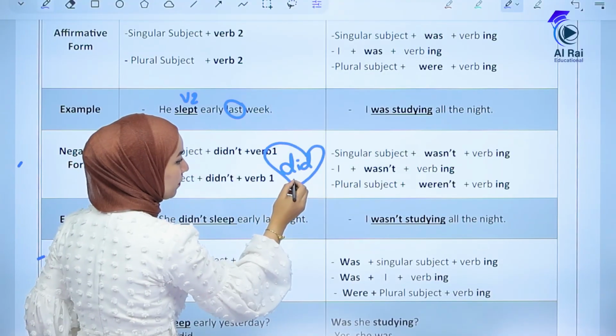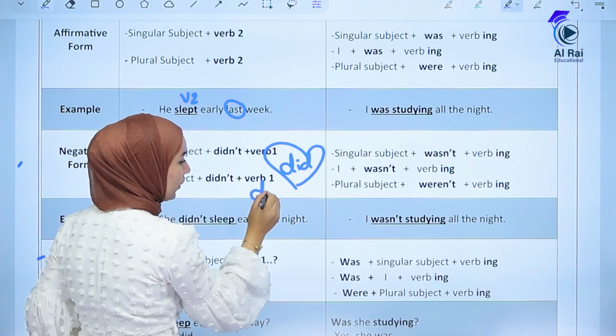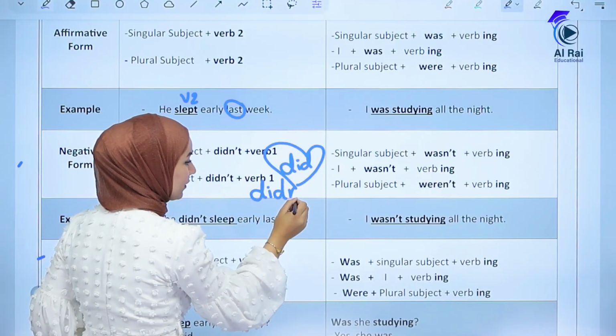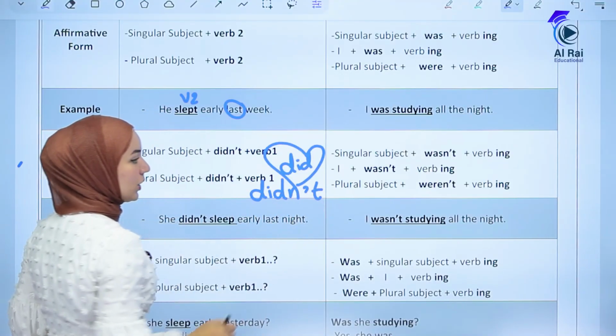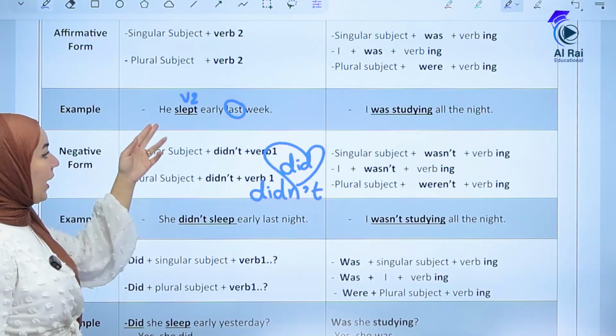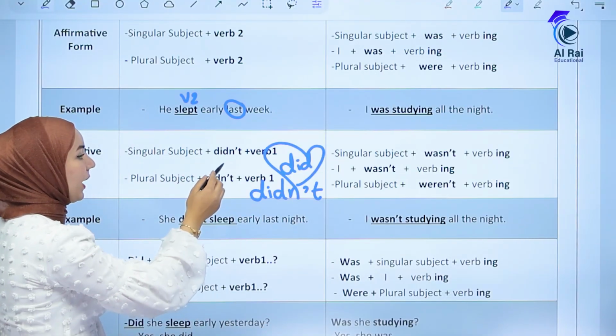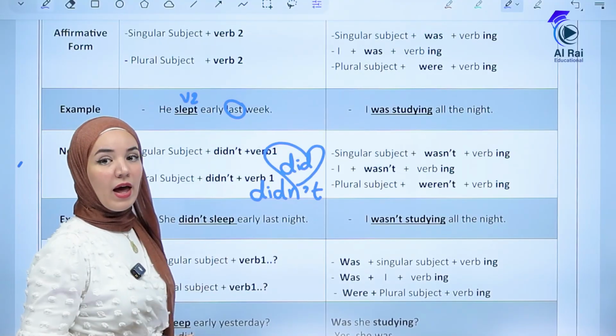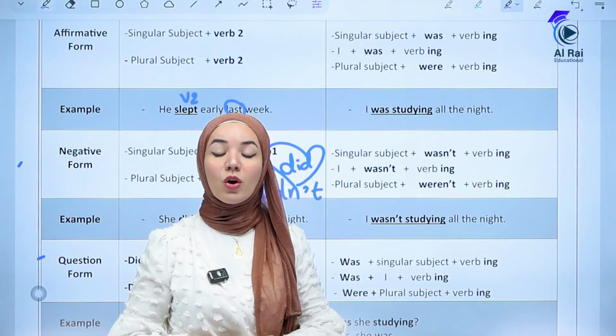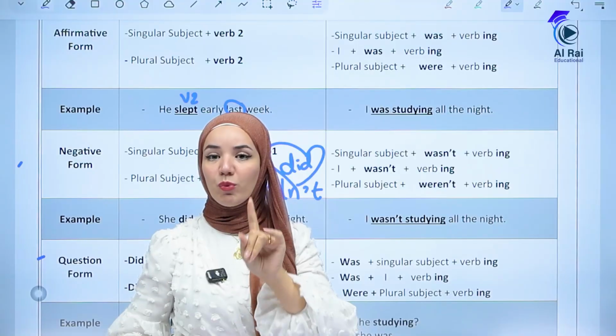And because it's negative, it's going to be didn't. So how can I change it to negative, or how can I negate it? By adding didn't. And after did or didn't, I always need verb 1.